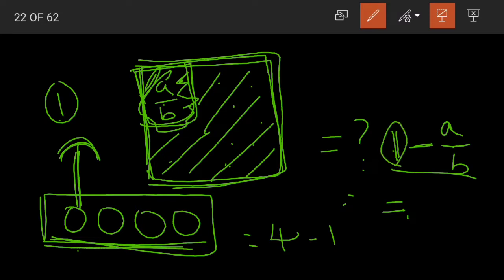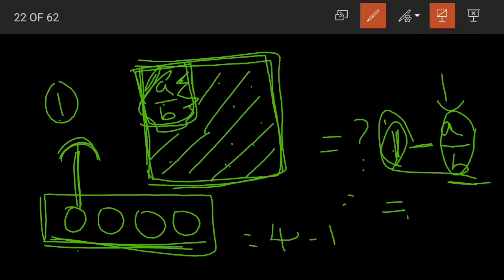From the whole, this part is painted. Now the portion of the wall that is unpainted becomes the whole minus the painted part. It is just a simple subtraction. Just because it is a fraction here, don't get confused.